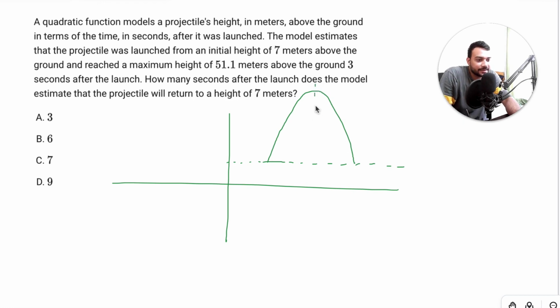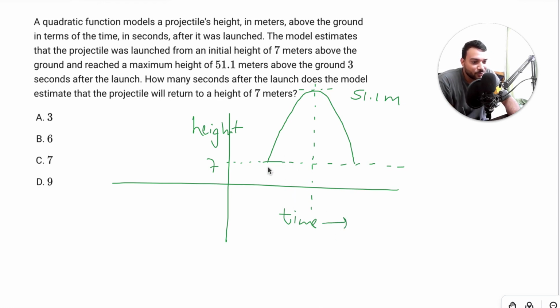So it's a downward opening parabola, which models the motion of a projectile or anything thrown upward. Okay, so from 7 meters it goes up to 51.1 meters, and then comes down. So on the y-axis we're representing height, and on the x-axis time.